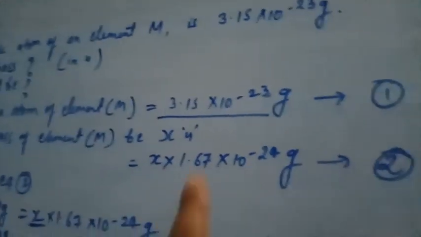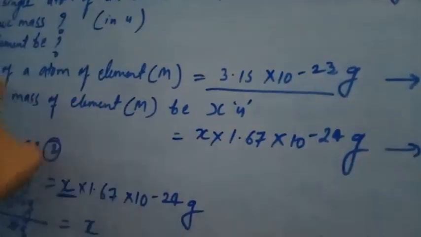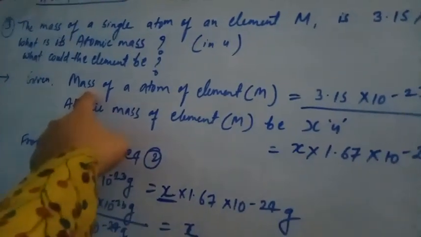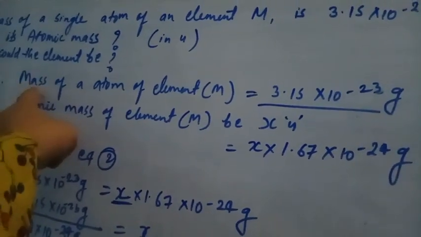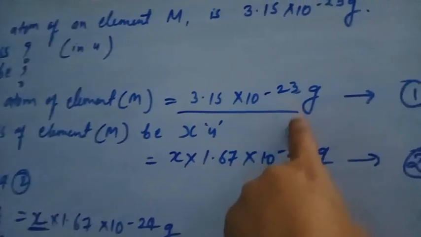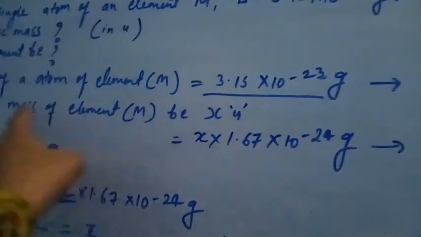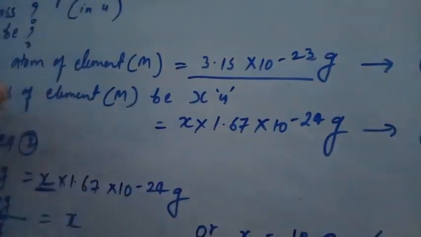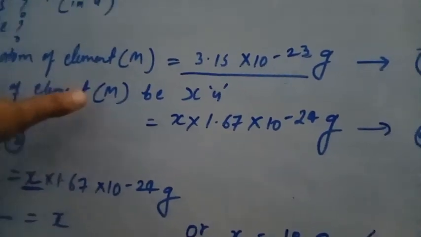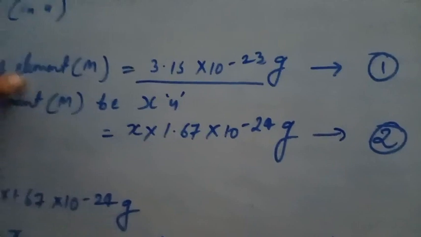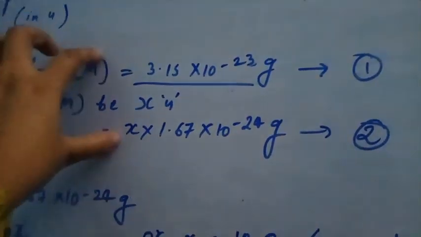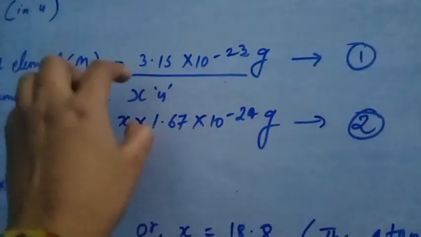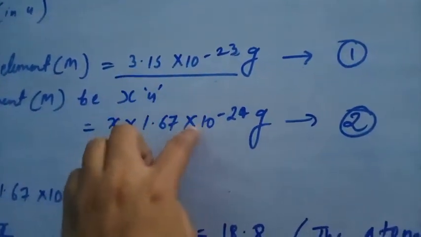You have to equalize equation 1 and 2, because according to equation 1, the mass of one atom of the element is this value, and the atomic mass of the element in gram we have calculated. So this is also showing the mass of one atom of the element. Both the equations are giving the same value.